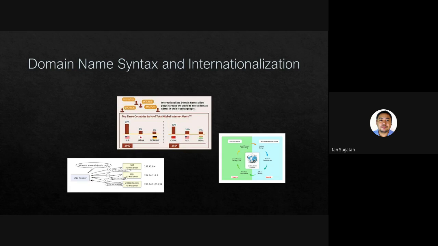The hierarchy of domains descends from left to right. Each label to the left specifies a subdivision or subdomain of the domain to the right. For example, the label example specifies the subdomain of the .com domain, and www is the subdomain of example.com. This tree of subdivisions may have up to 127 levels.